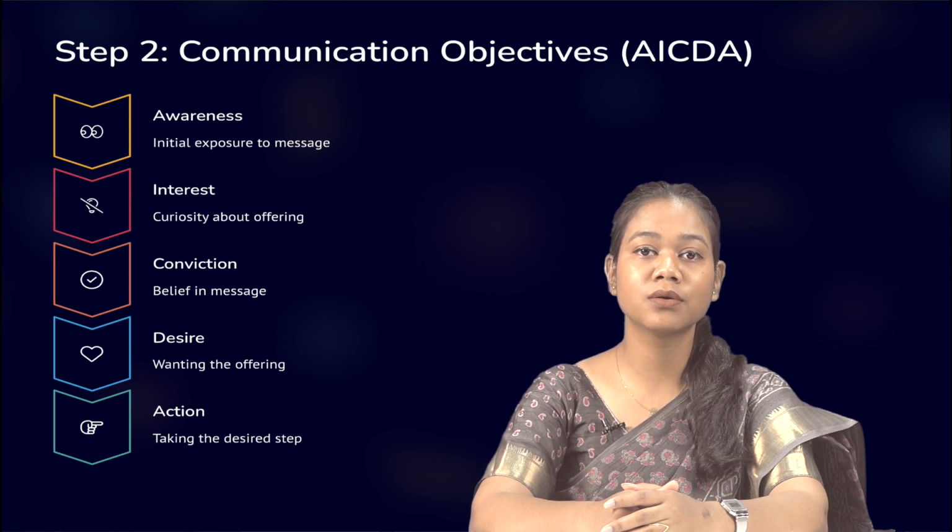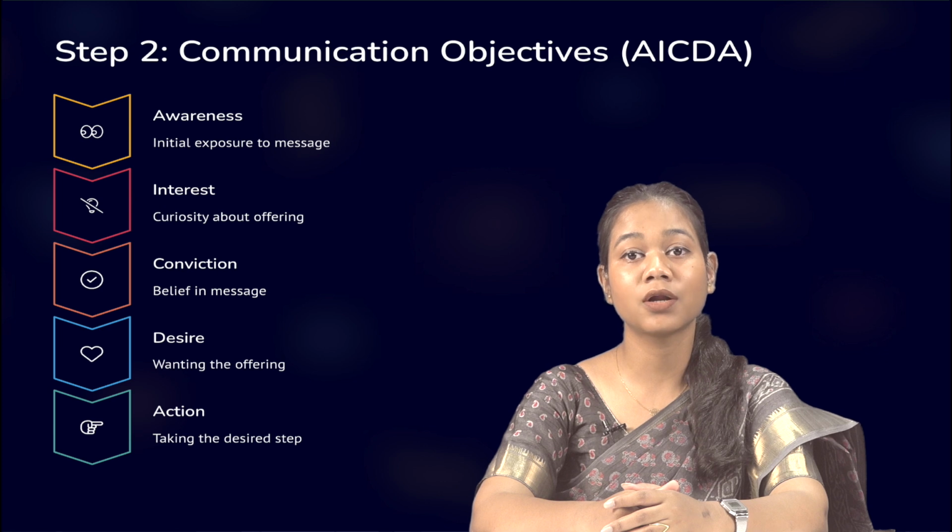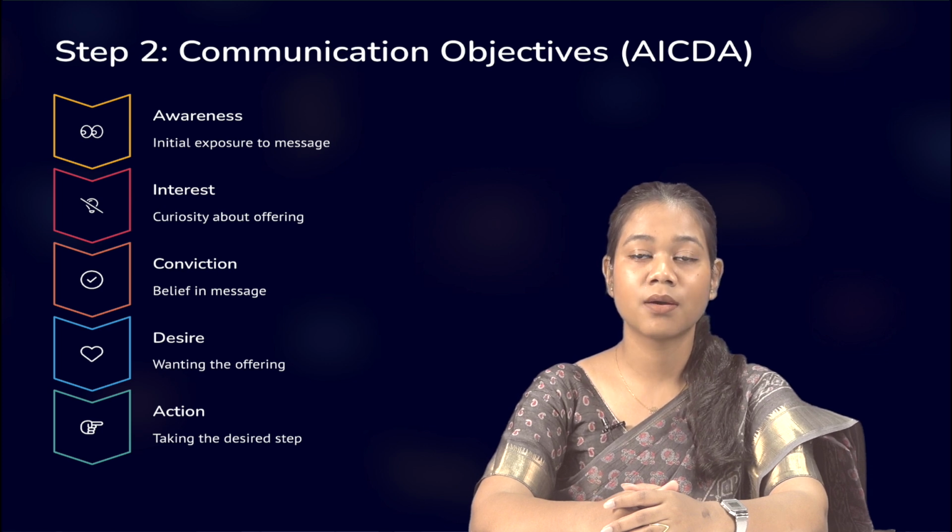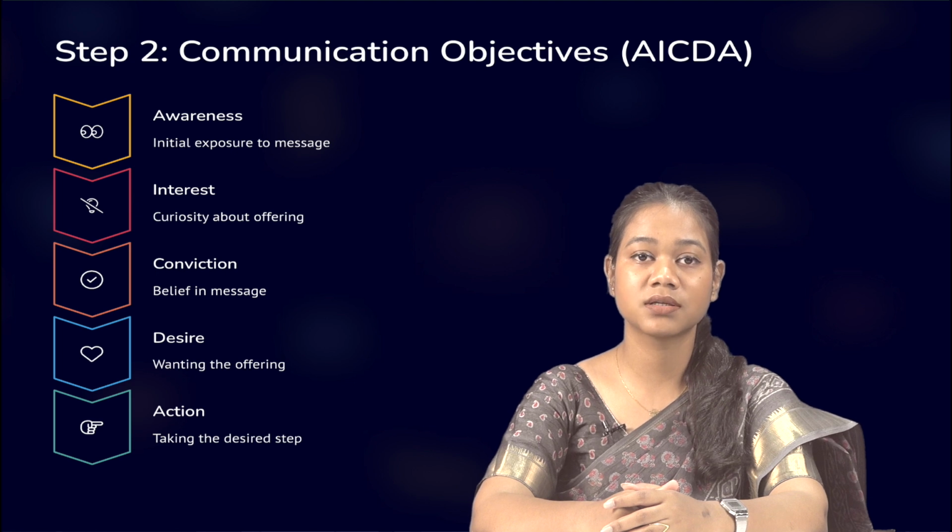While the ultimate goals are often purchase and satisfaction, the immediate communication objectives are about making the target audience more willing to buy. One of the most widely used models for understanding this progression in rural markets is the AICDA model. AICDA stands for awareness, interest, conviction, desire, and action.